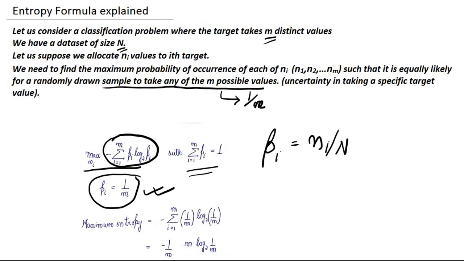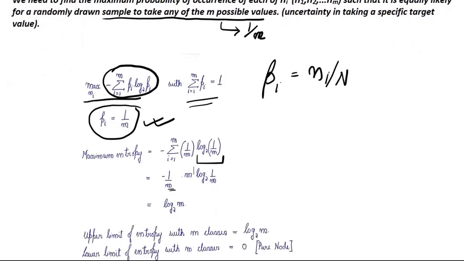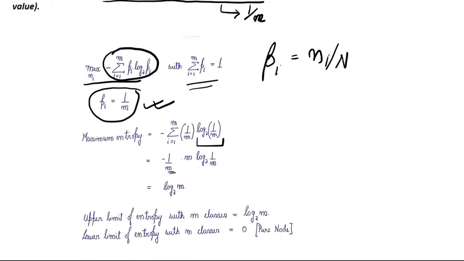1 upon m comes out because this is a constant term, and the remaining term, log to the base 2 of 1 upon m, does not have any dependency on i, so it is actually a constant. So the summation resolves to m times log to the base 2 of 1 upon m, and on solving further and cancelling the terms, we can see the maximum value of entropy comes out to be this.